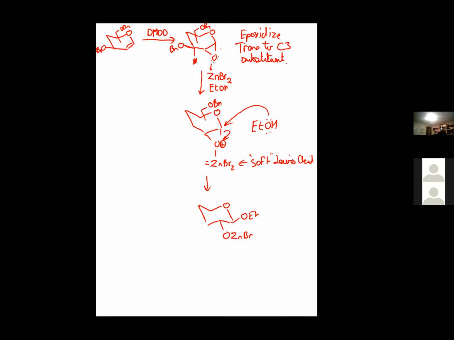I guess technically the zinc bromide is negative here if I've got zinc Br2. So let's just change it to zinc Br, and then everything's neutral. Everyone's happy.